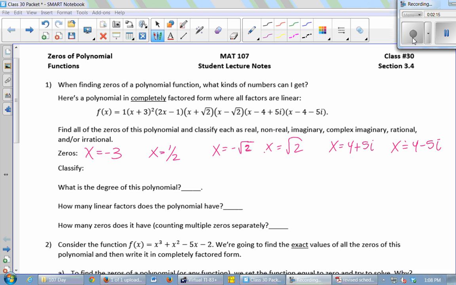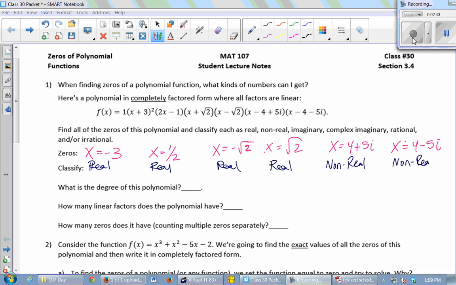Those are all real numbers, which differs from non-real because they don't have any i's in them. So this would be real, real, real, and real. And then these two, they have i's in them, so we would call these non-real. They have an imaginary part, so we call them non-real.